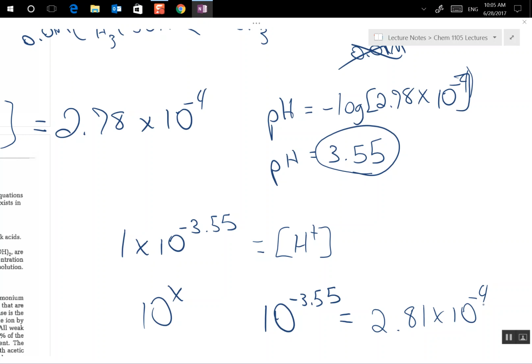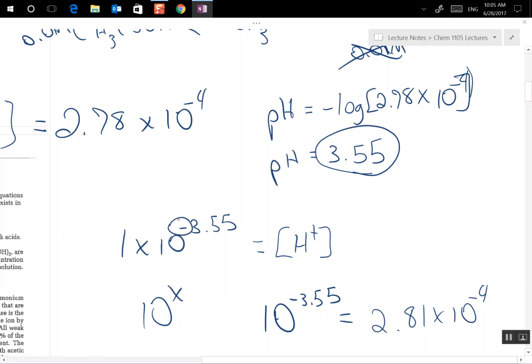Okay? So, that's how you go back and forth between the H plus ion concentration and the pH. Now, the thing that people do often that is wrong is they don't put the negative back.